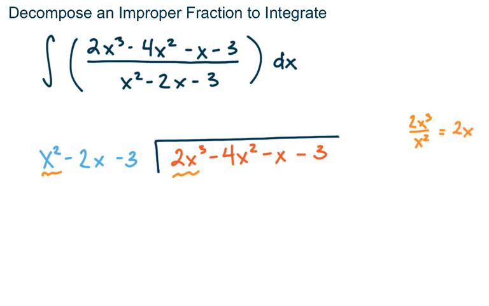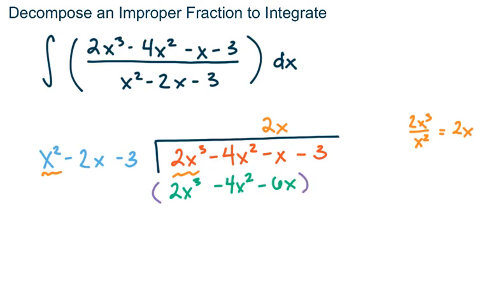That leaves me with 2x, which is linear, so I write that above my linear term. We take that 2x and we multiply it by our divisor, which goes underneath. So I have 2x cubed, 2x minus negative 2x is negative 4x squared. 2x times negative 3 is negative 6x.